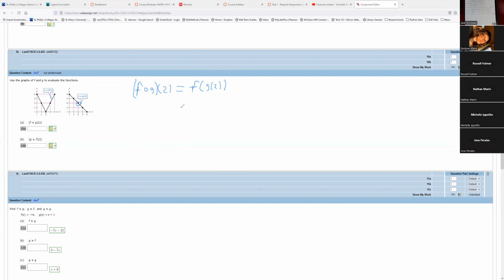So plug in 2 gives you a 2. So the result inside would be a 2. Then you go, okay, well, f of 2 is right here. f of 2 is 0. That's how they got this. Any questions on number 10? I'll let you do part B. The same thing, just the other direction.